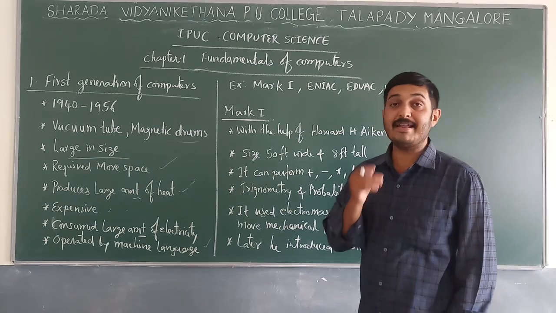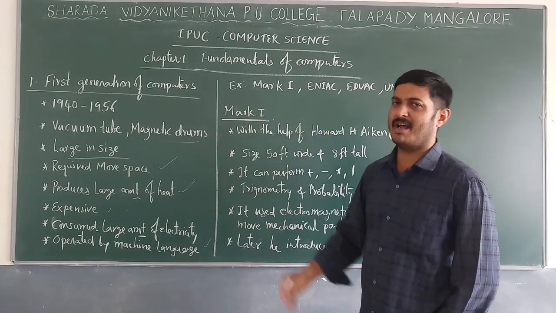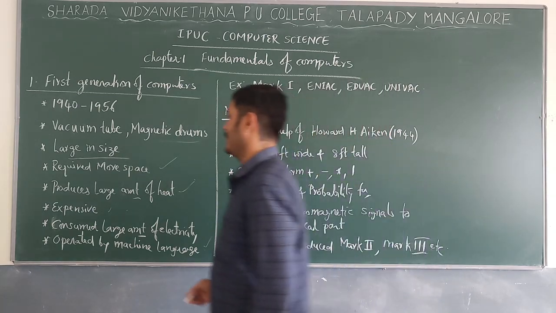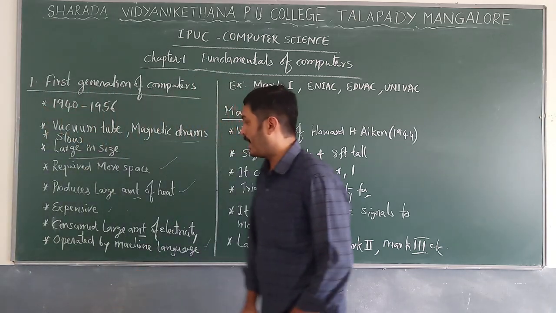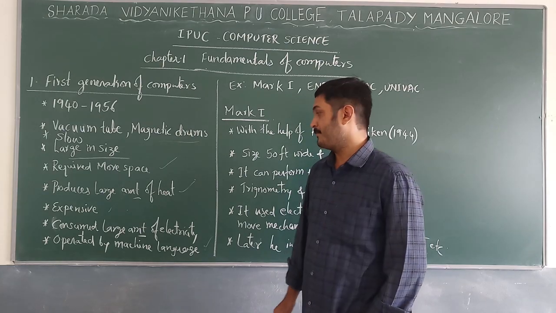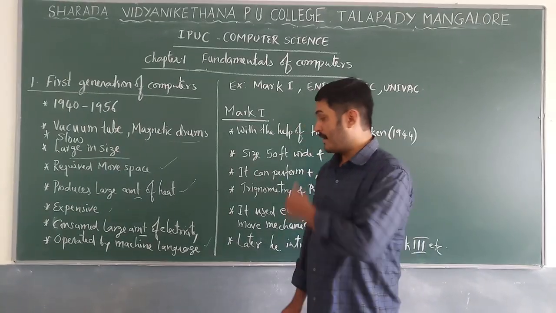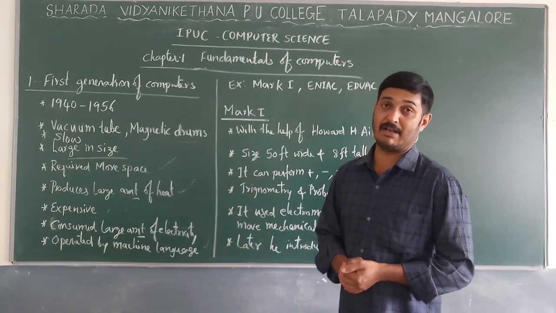It is very expensive, and it is comparatively slow in execution of instructions. It consumes a large amount of electricity, and it is operated by machine level instruction or machine language.